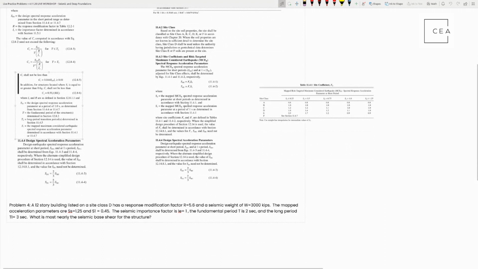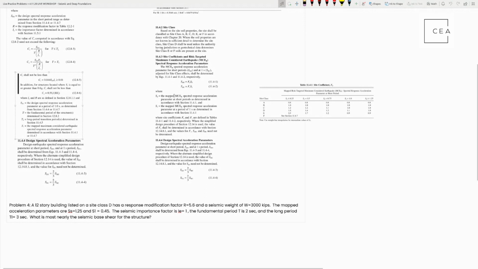Seismologists have measured locations on maps, and you can pull this information from those locations. SMS is equal to FA times SS, and SM1 is equal to FV times S1.